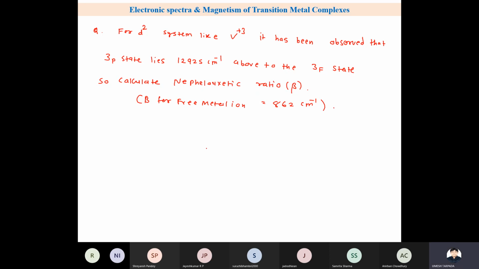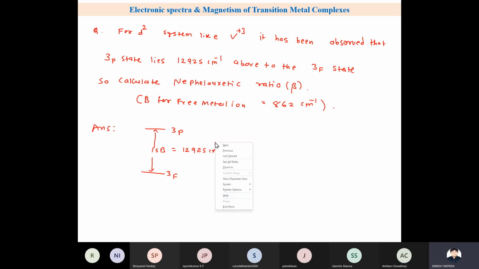So first you can calculate B for the complex. What is given to you? Anybody tell me from this? The energy gap is given from triplet F to triplet P. Yes, this energy gap is nothing but the 15B value for the complex. It is given, 12,95 centimeter inverse.